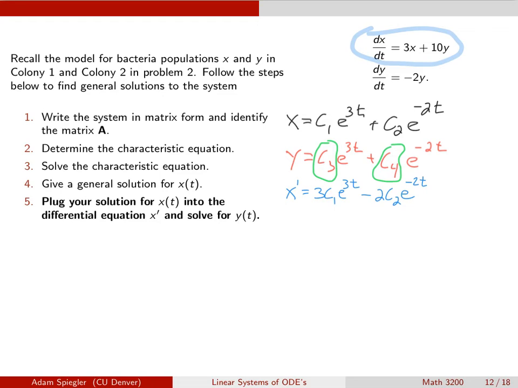And so now, using the equation that we have up here, I'm going to have that dx/dt, which is 3c1 e to the 3t minus 2c2 e to the minus 2t, needs to equal 3x. So we're going to multiply 3 times x, which would give me 3c1 e to the 3t plus 3c2 e to the minus 2t.